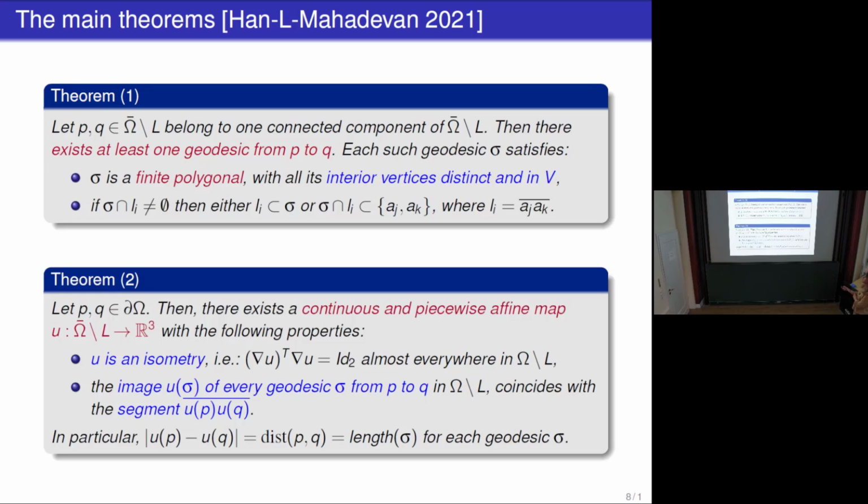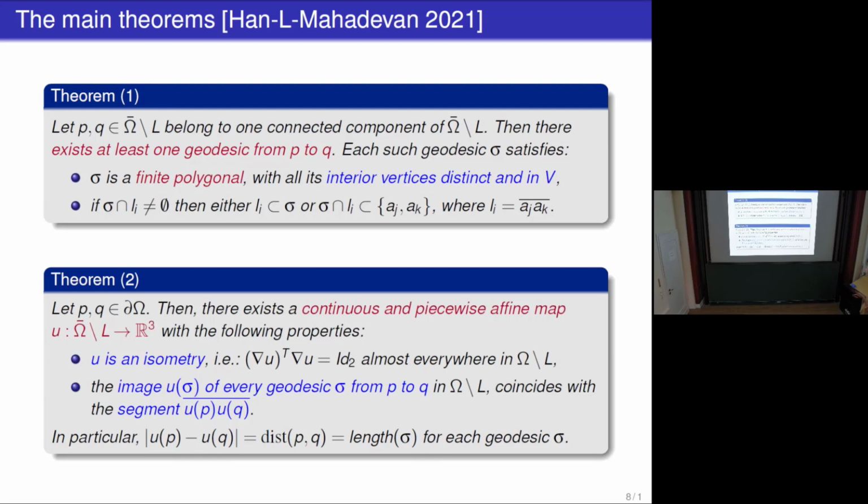So this is nothing, that's just an observation. And the main result is Theorem 2, which says that there exists a continuous and piecewise affine map U from the Kirigamized sheet into R^3 with the following properties. Property 1, U is an isometry, so almost everywhere the distance. Fancy when you say it's an isometry. Okay.